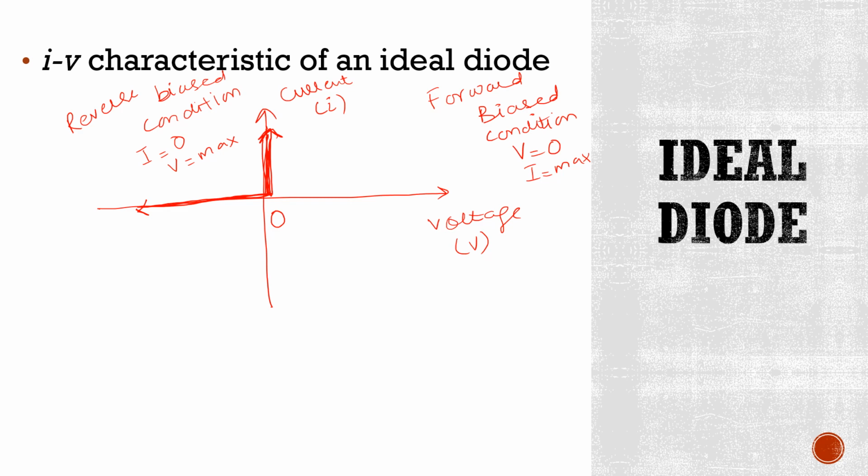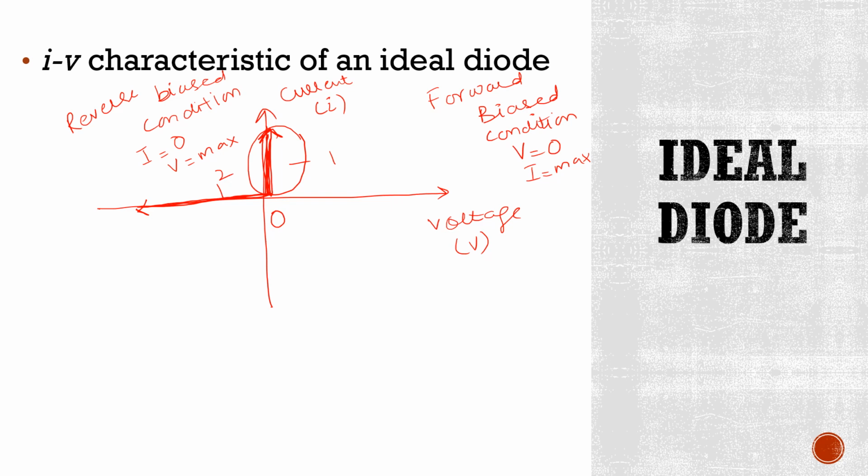It means the current voltage characteristic of an ideal diode consists of two straight lines. This is first straight line and this is second straight line that are at 90 degrees to one another. The diode is assumed to have a zero voltage across it when forward biased, as indicated by this portion of the curve on the positive vertical axis.